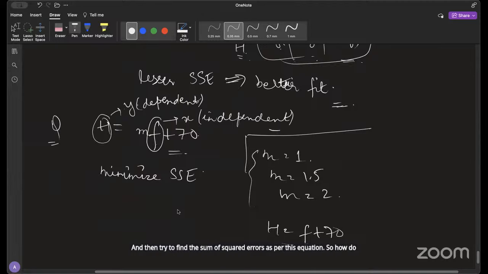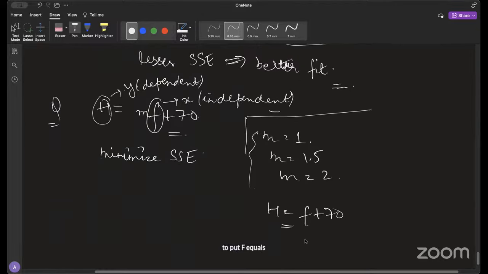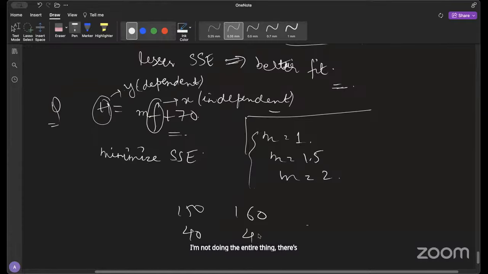So how do you get it? You put f equals x1. So you'll get x1 plus 70. Let's just do the question itself here. Data given to you is 150, 160. I'm not doing the entire thing. There's more data to it, but I'm just using these two data points.